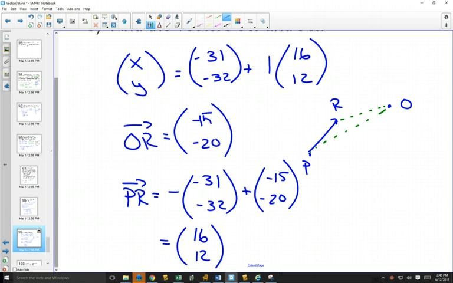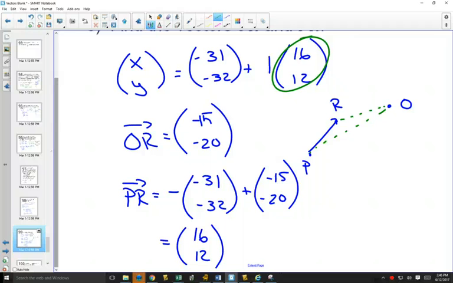And if we did this, we get 16, 12, which kind of makes sense, because why is that exactly the same as what we had right here? Well, P to R is just traveling our velocity vector for 1 hour. You're going to go 16 this way and 12 up. So there are two different ways you could look at this one.